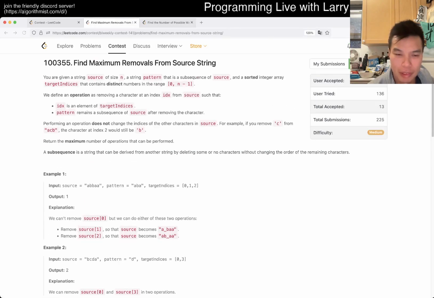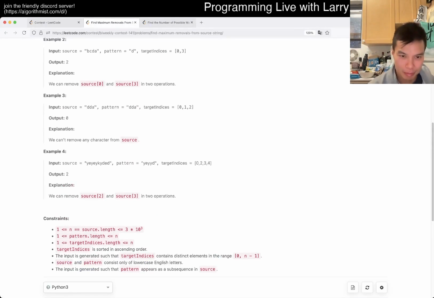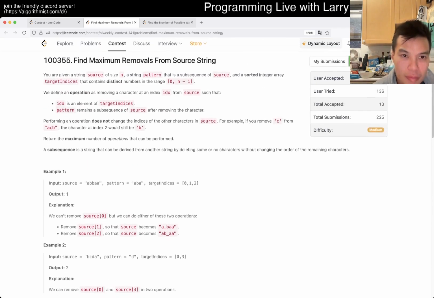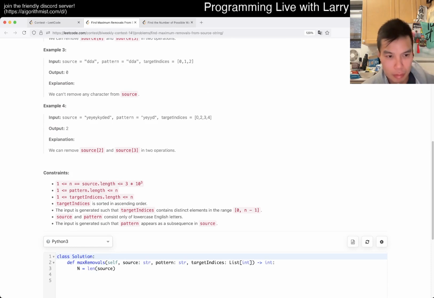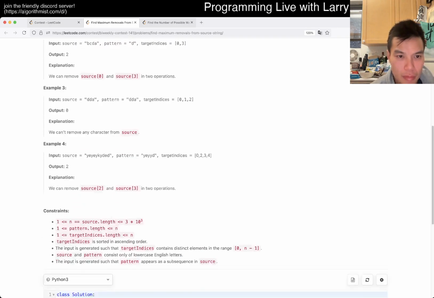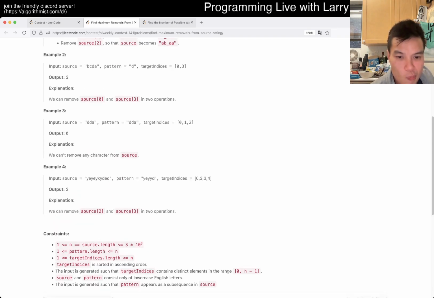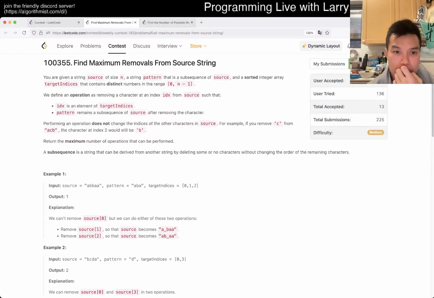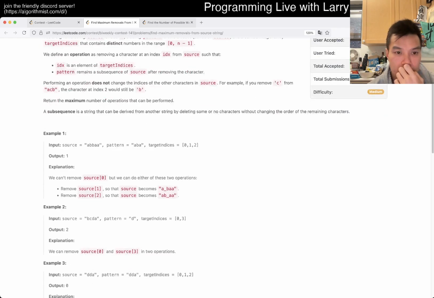18 people, 13 people, that's going to be it. Target in, I mean, it's okay.